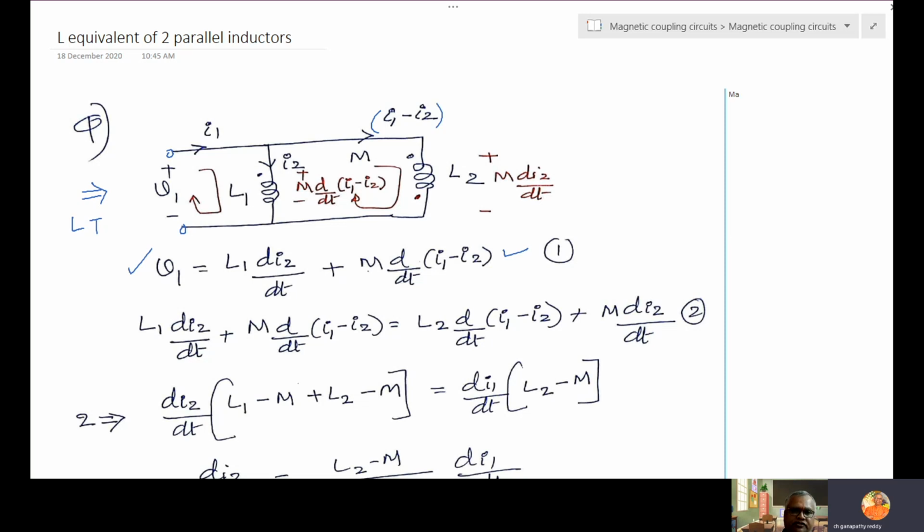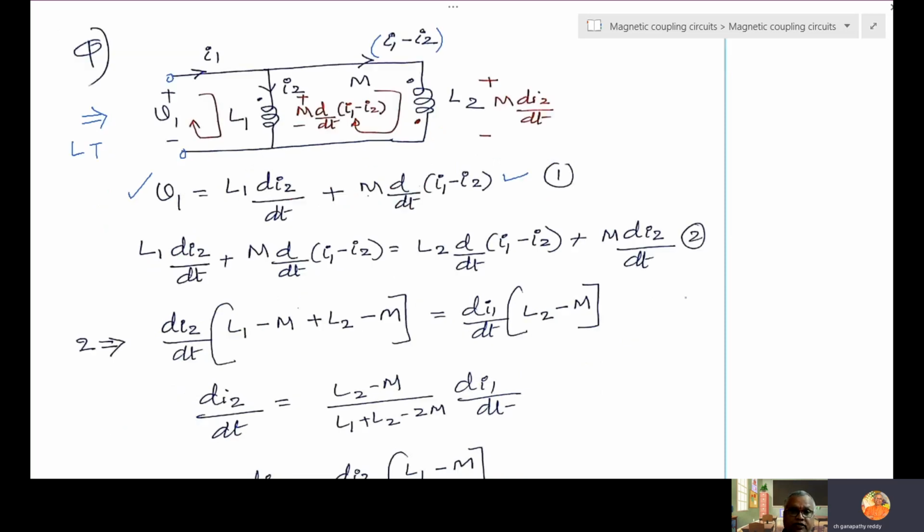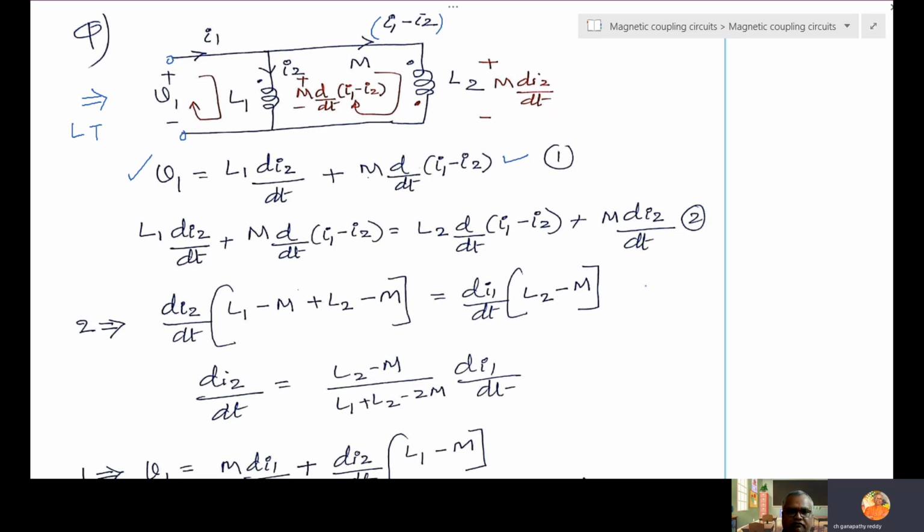This is second equation. Now we have to manipulate equation 1 and 2 such that express in which form? V1 is equal to something into di1 by dt form we have to express. So this is going to be L equivalent.